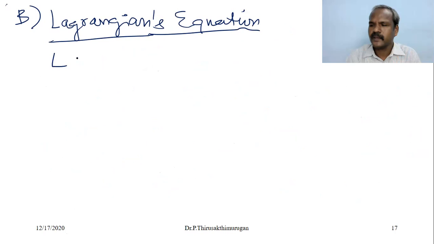L equal to kinetic energy minus potential energy. That is K1 plus K2 minus P1 minus P2. So substitute the values from the previous relations.